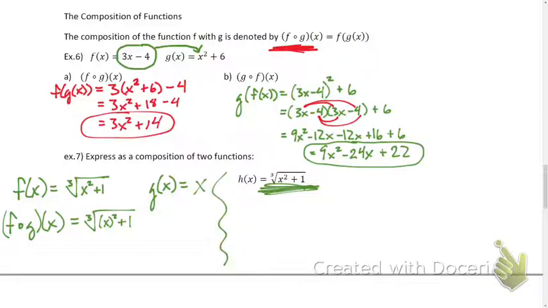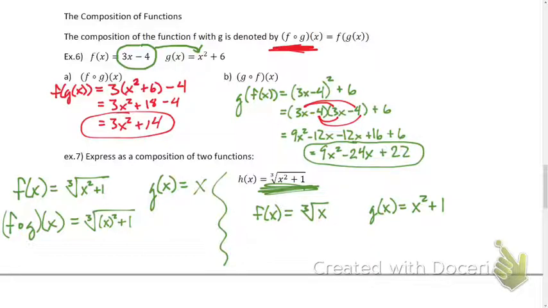What if, there's many ways to do this, no right answer. What if you let f of x be the cube root of x, and then you let g of x be x squared plus 1? Now, if you go that route, you're being creative and you're thinking of composite functions.